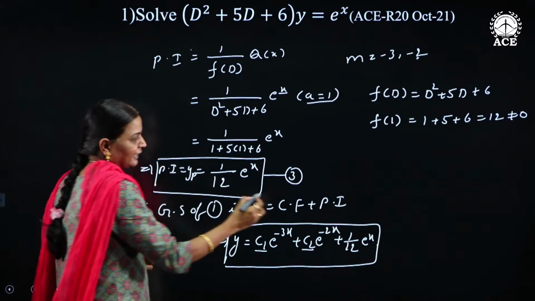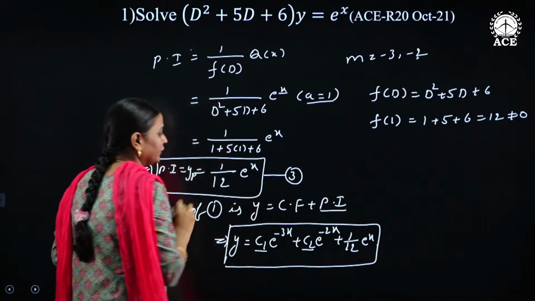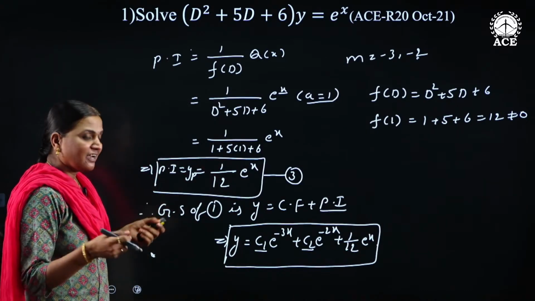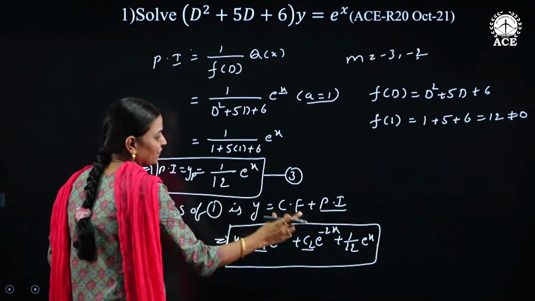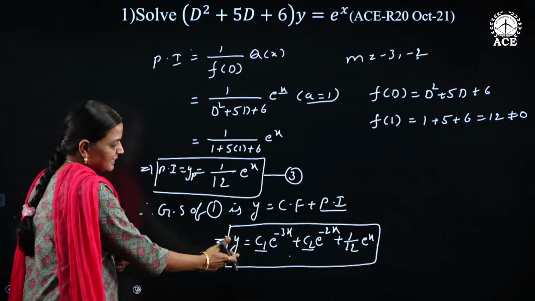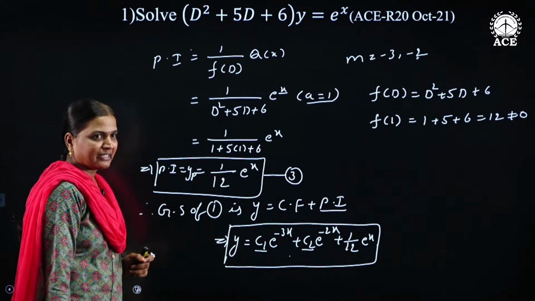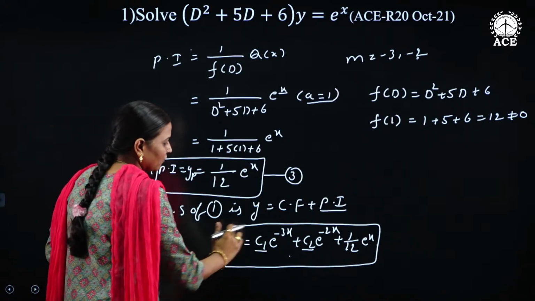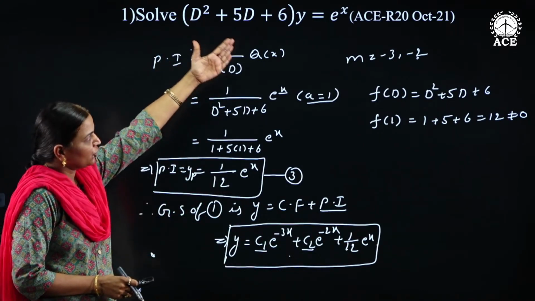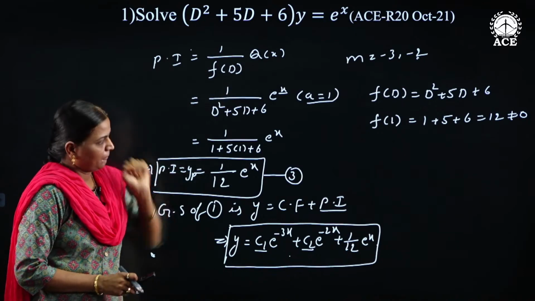And what is the important key point in this particular integral? Particular integral does not contain any arbitrary constant. At last, if you combine the complementary function and particular integral, which gives the general solution. So this general solution part is important, which is the required general solution of a given differential equation when q of x is exponential.